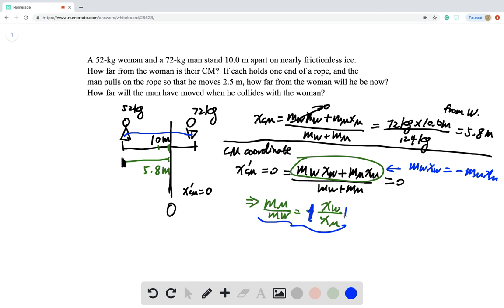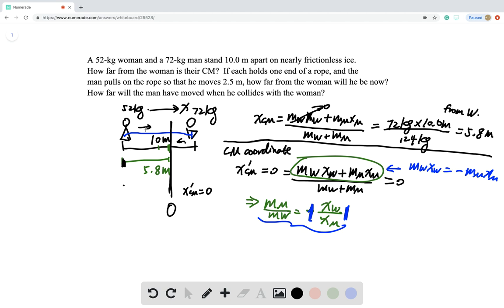Here, the negative sign pretty much means that they will be moving in opposite directions. If this is the x direction, and the man moves in the negative x direction, then the woman will move in the x direction.